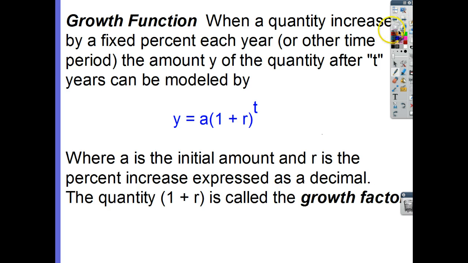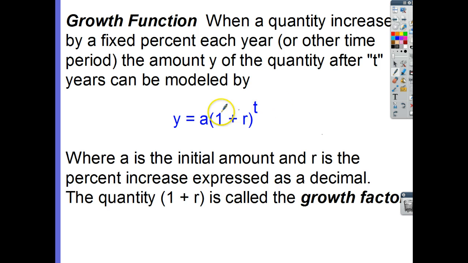We're now going to talk about a growth function that has what we call a growth factor in it. A growth function, when a quantity increases by a fixed percent each year or any other time period you could pick, the amount y of the quantity after t years can be modeled by this equation here. Let's call your attention back to the original definition of growth function.